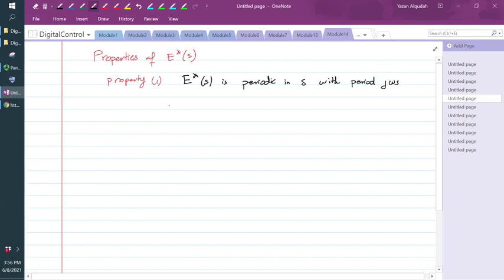That is to say, E star of S plus j omega s multiplied by any integer m is going to equal E star of S, for m equal to 0, plus or minus 1, plus or minus 2, etc.